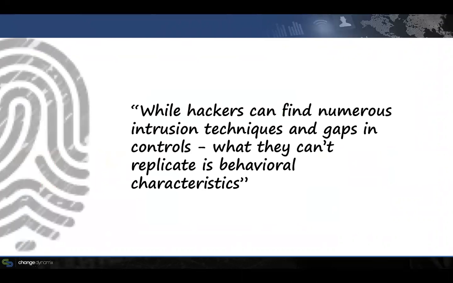They really can't replicate the behavioral characteristics endlessly, right? Well, maybe they might be able to do it for one or two steps of their approach, but eventually they're going to have to step out of the box. And at that point in time, they're stepping out of that model, and it'll be clear that something unusual is happening and someone should take action.